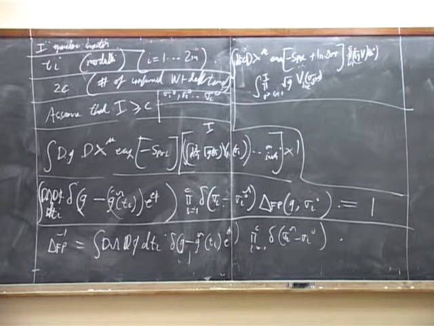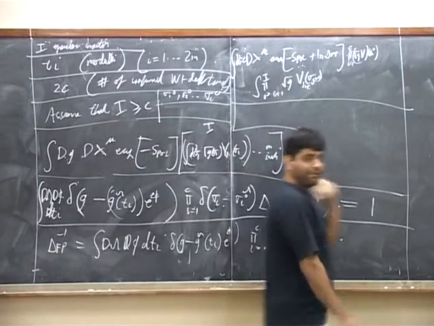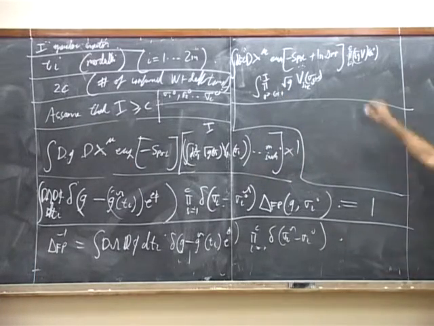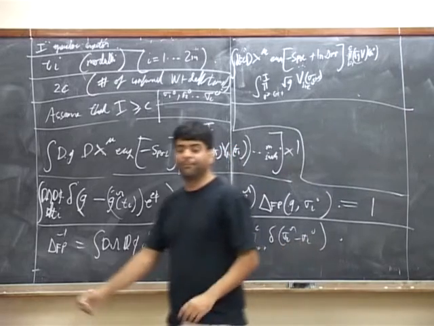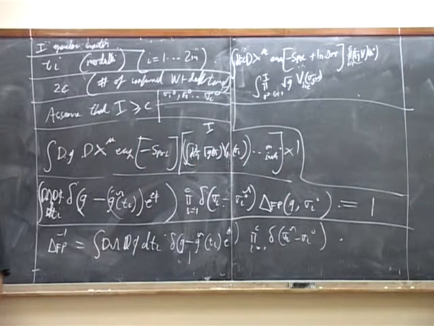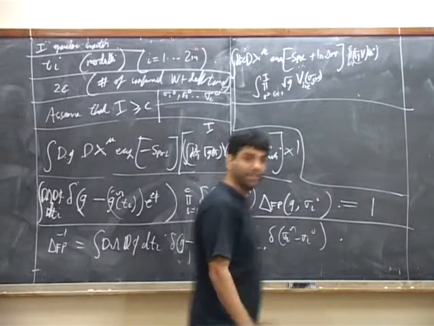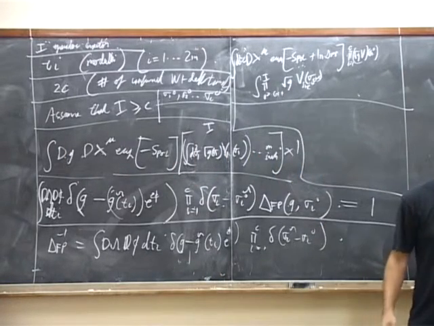We'll check on that explicitly. Okay, so once we got to this stage, all that remains for us is to compute delta fp. Is this clear? Any questions or comments before we turn to the computation of delta fp?